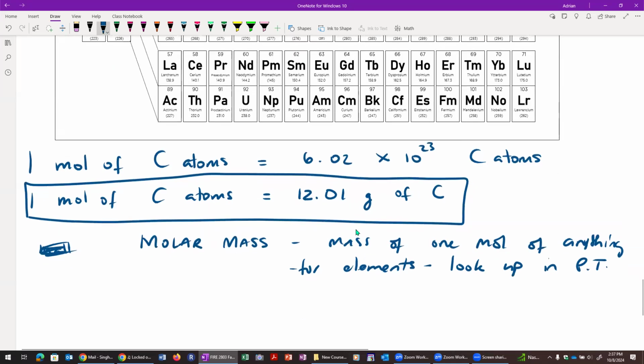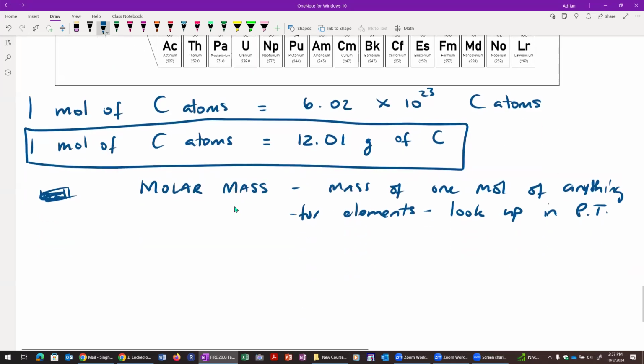We just changed the units to grams. So molar mass, mass of a mole of anything, for the elements, as long as you have a periodic table, and you'll always have one, got one in lab last week, keep that with you as you take your quizzes and exams. The molar masses for all of the elements are on the periodic table.